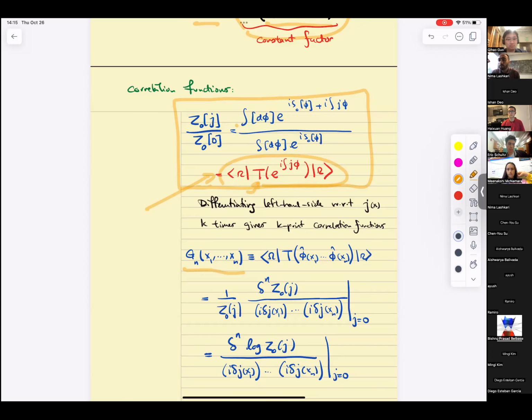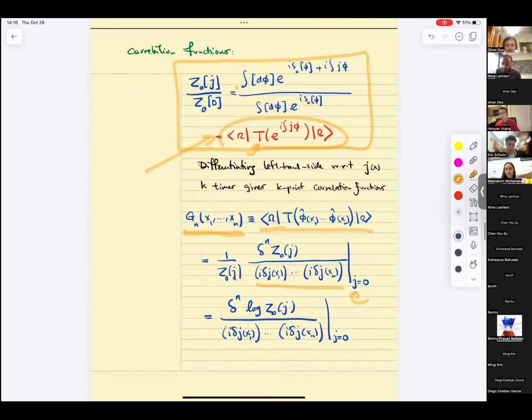They naturally time order things. Want it or not, what pops out is time ordered. So the time-ordered n-point function, the vacuum n-point function, is given by this generating functional. You take n derivatives with respect to J, and then set J equal to 0 at the end. This is just how you calculate it.